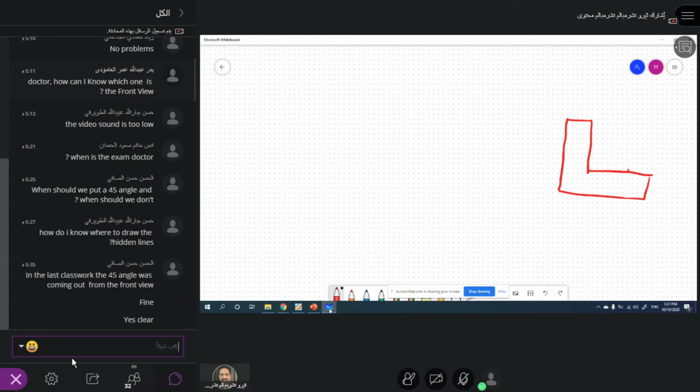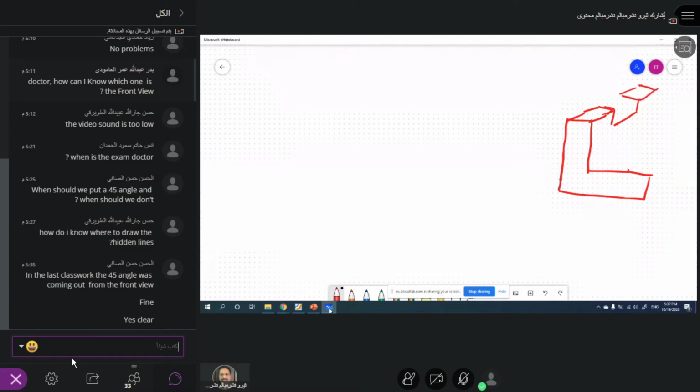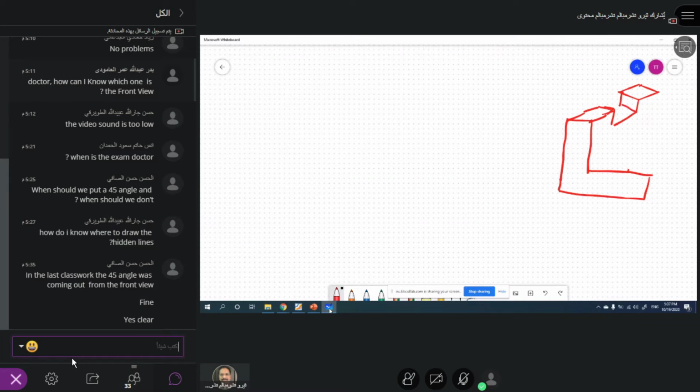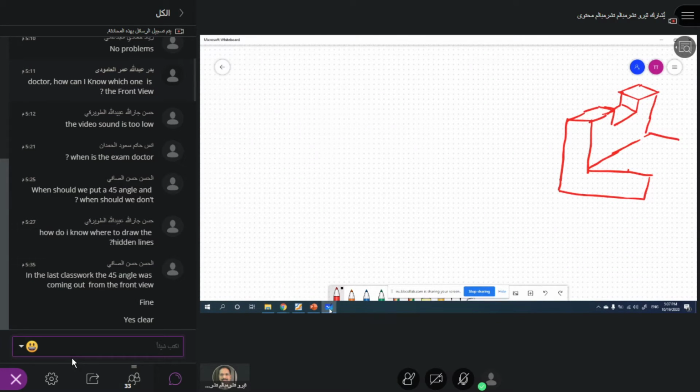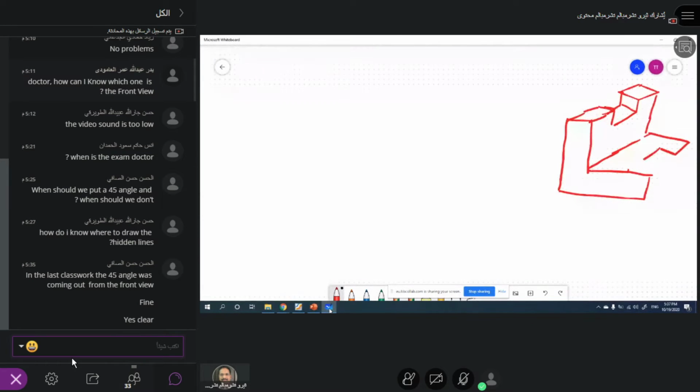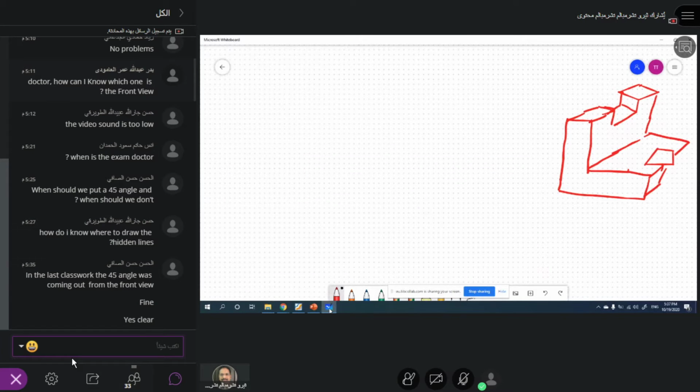So the same example, if you see, so this is the component.